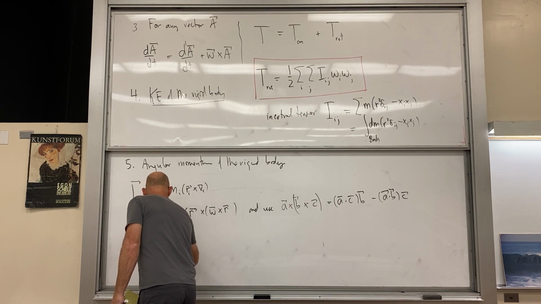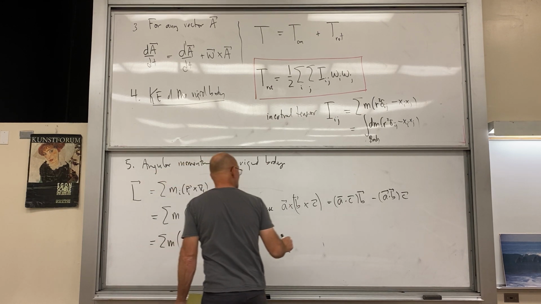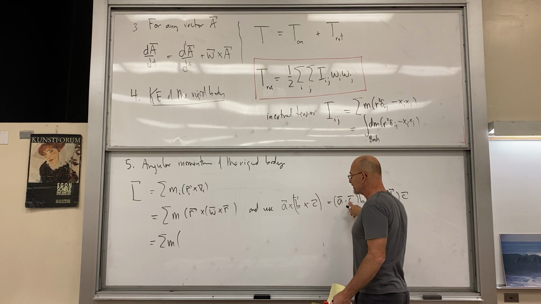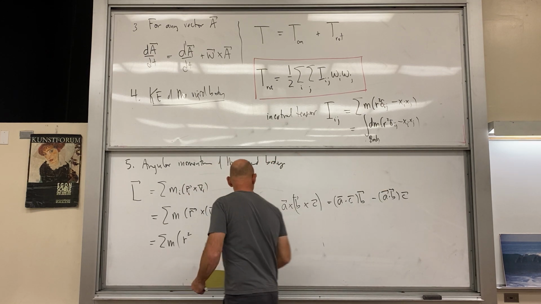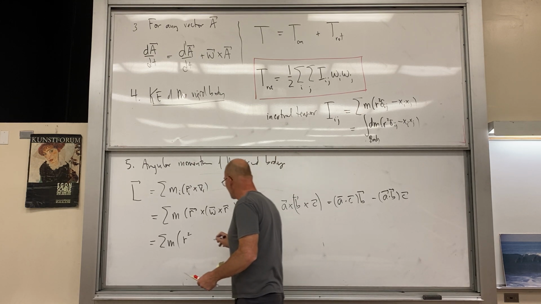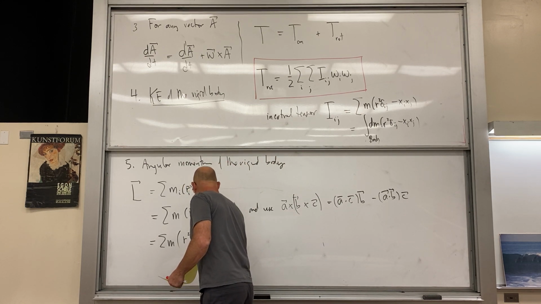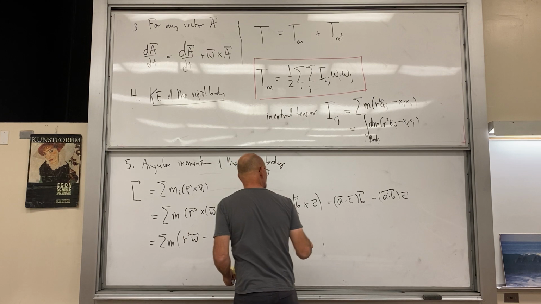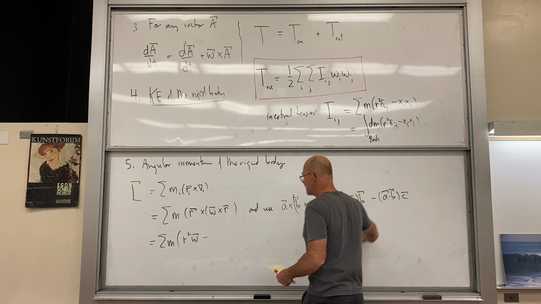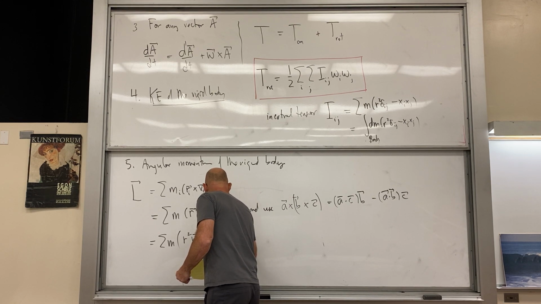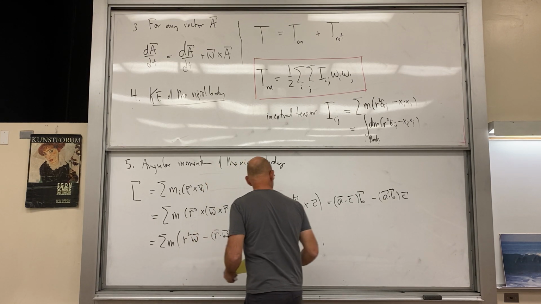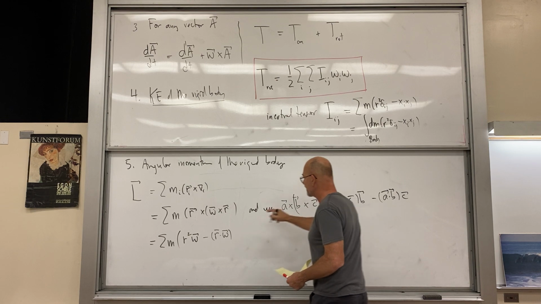So now we have the sum over m, and our A dot C is just an r squared, that's a scalar. B is the omega. And then we have minus A dot B, which is r dot omega, times r.